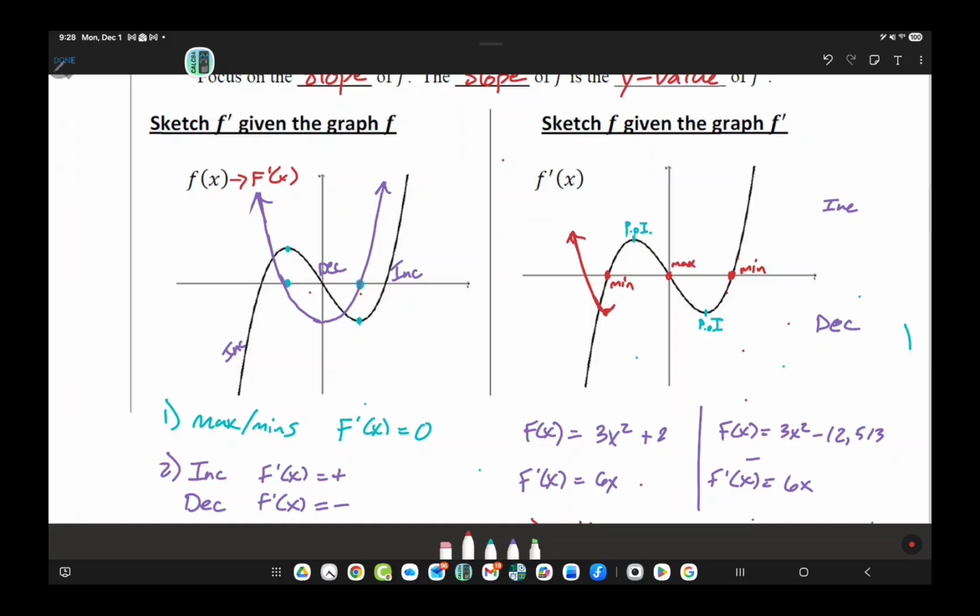Right here, I have a point of inflection where my function changes from concave up to concave down. Right here, I have a local max. Another point of inflection. Another minimum.